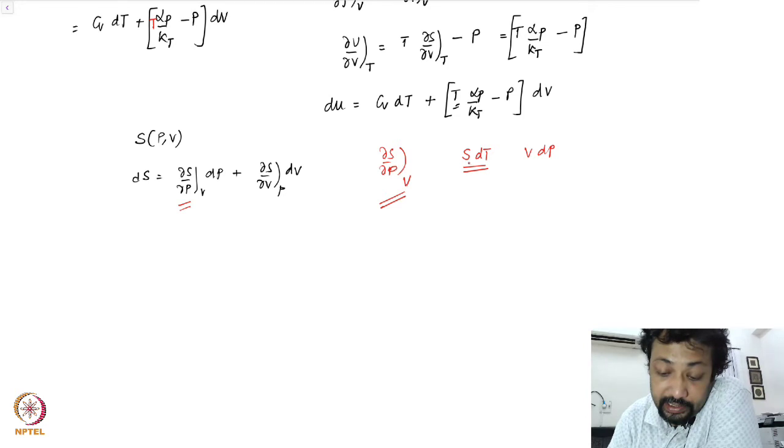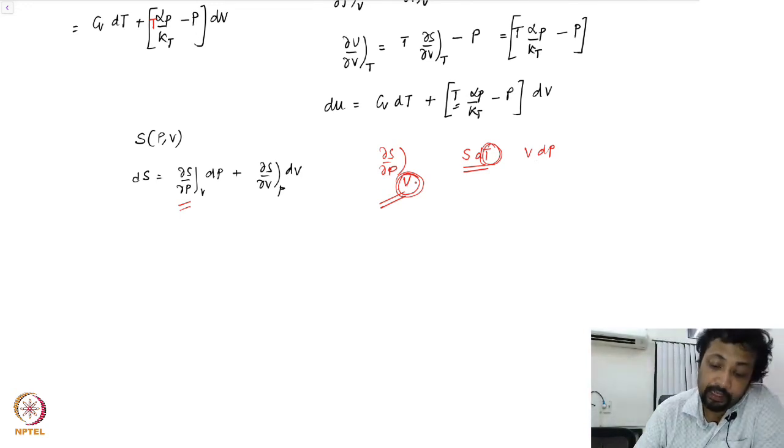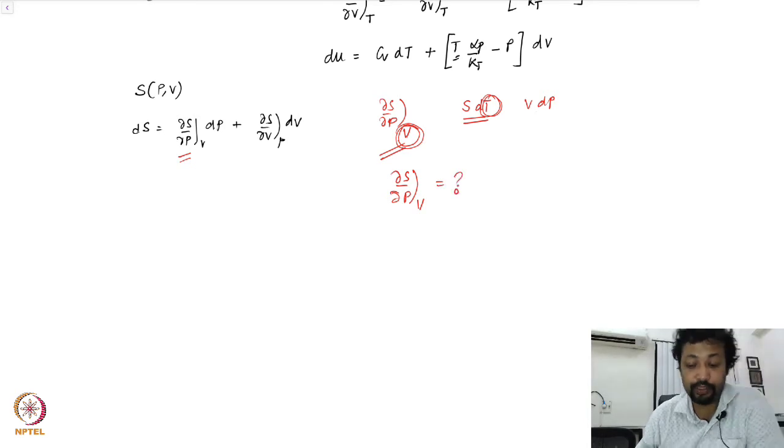So del S del P, now there is a volume which is constant here. So this is kind of a very, very strange derivative for which I cannot use any Maxwell's relation. So then I have del S del P volume constant, and I have to figure out how to do this.